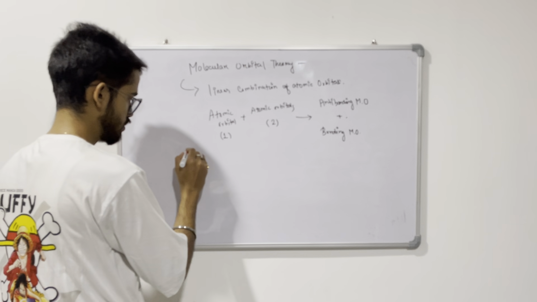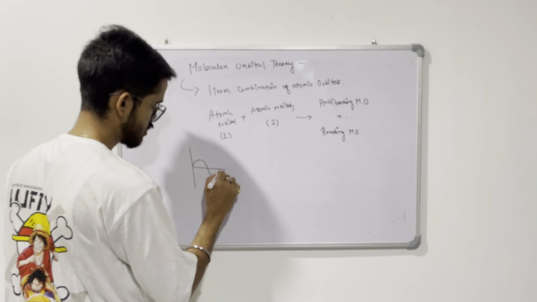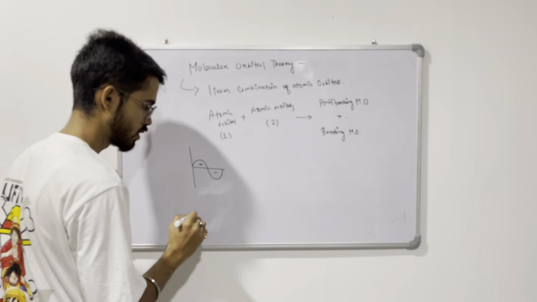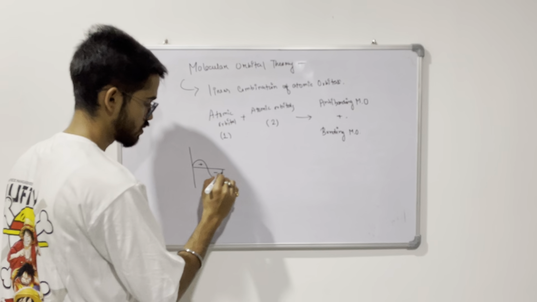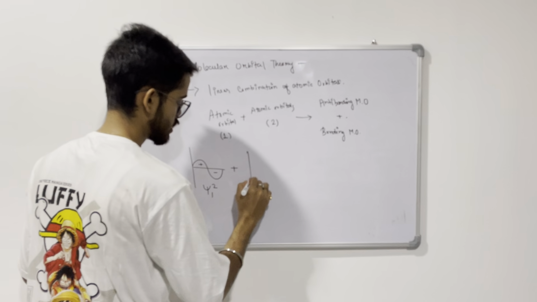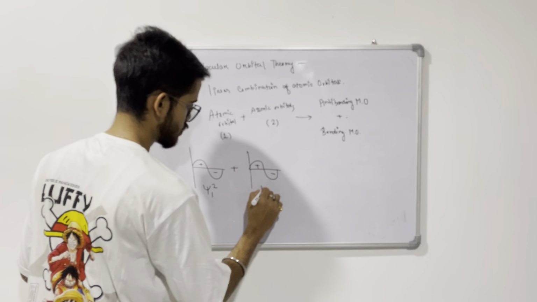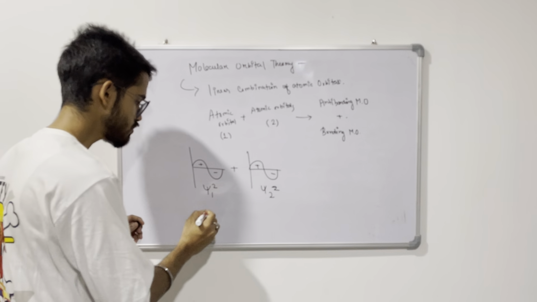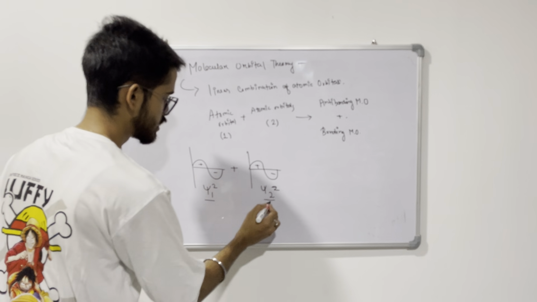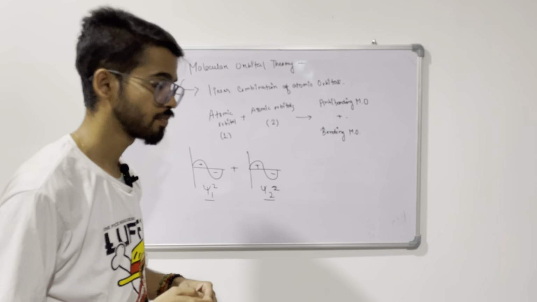For example, this is the wave function of an orbital, say psi1 square, and this is another wave function, psi2 square. The square of the wave function indicates the probability of finding the electron.